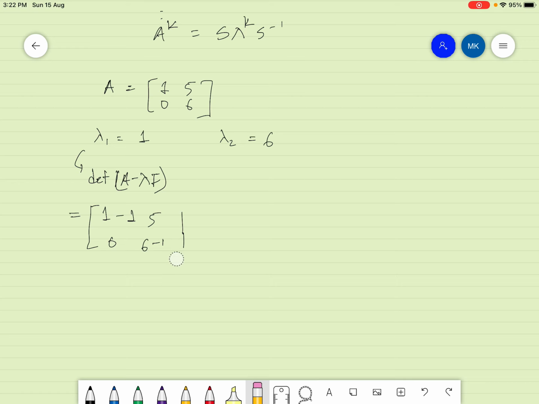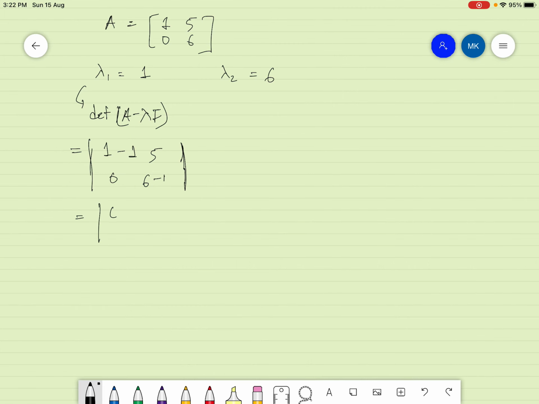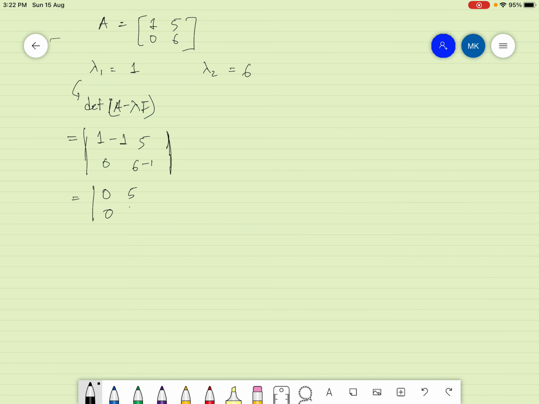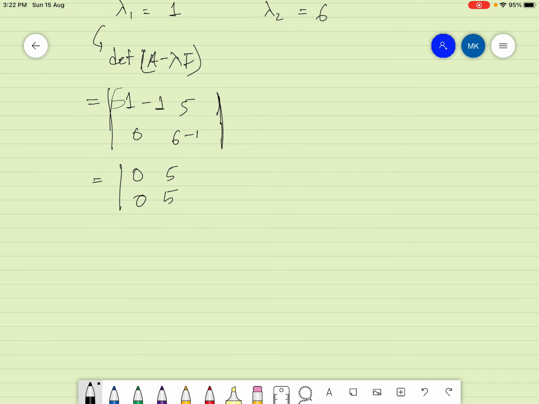So the determinant of this, you have [0 5; 0 5]. So one eigenvector from this would be x1, so this equals 0, so this would be 0.